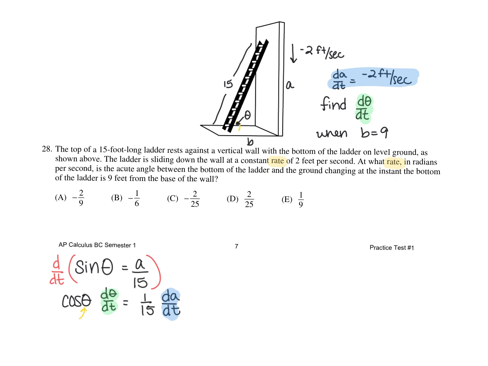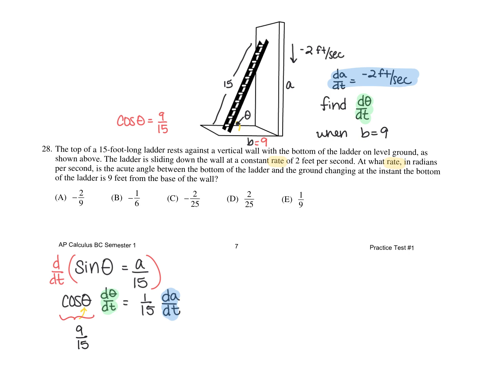At the moment b is 9, we know that the cosine of theta has to be 9 over 15. At the very moment that ladder is 9 feet away, the cosine of theta is 9 over 15. Well, I don't need to replace just the angle of cosine. I can replace the entirety of cosine with that 9 over 15.